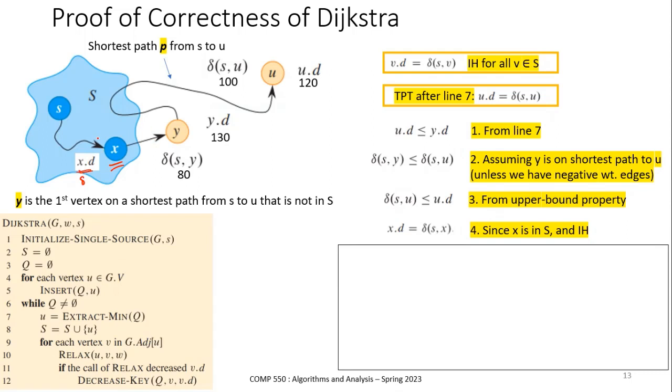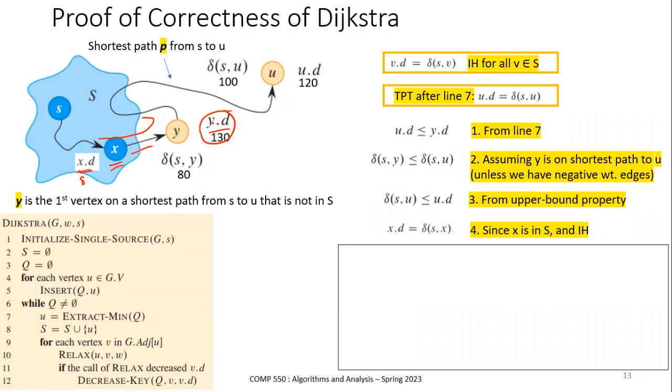We're saying this is already on the shortest path. If it's already on the shortest path, and this particular path has been relaxed, what does that imply? What does it say about the estimate Y?